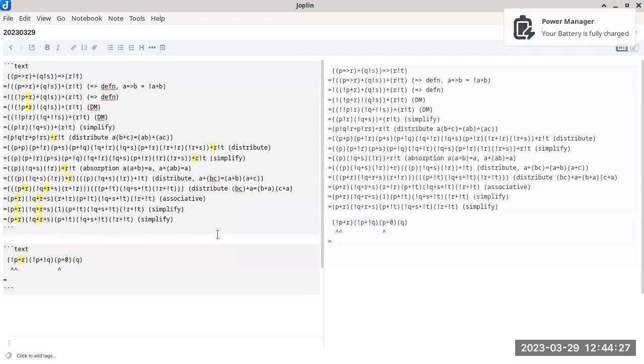So as a result of the resolution, we end up with basically whatever is left over between the two expressions.